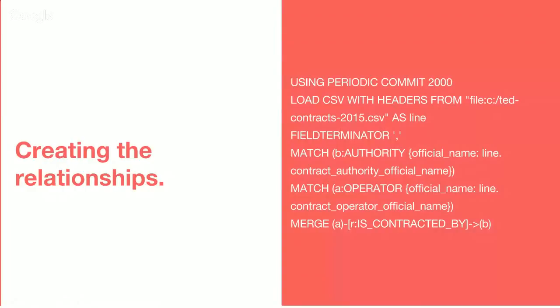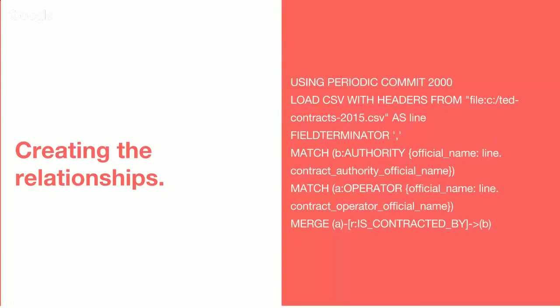The next few lines are the first. We try to match, to identify, let's say: MATCH official name, line contract authority official name. This Cypher requirement is going to accomplish one thing.